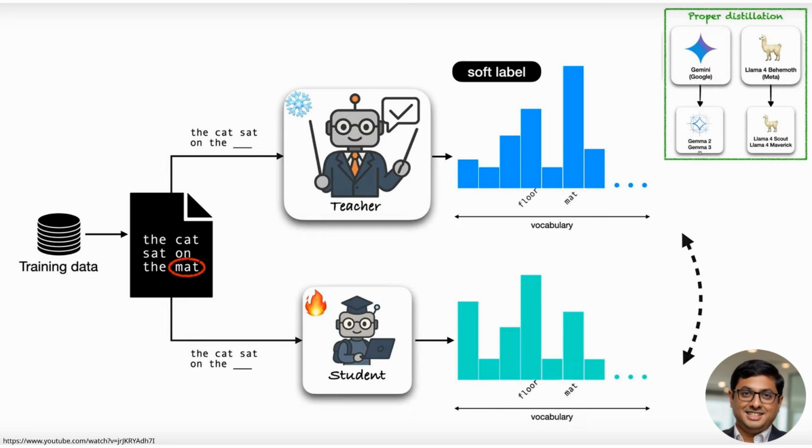It provides probabilities for multiple possible words, not just a single correct answer. The student model's goal is to match its probability distribution to the teacher's soft label as closely as possible. The student's weights are updated to minimize the gap between its predictions and the teacher's output, effectively transferring knowledge from teacher to student.